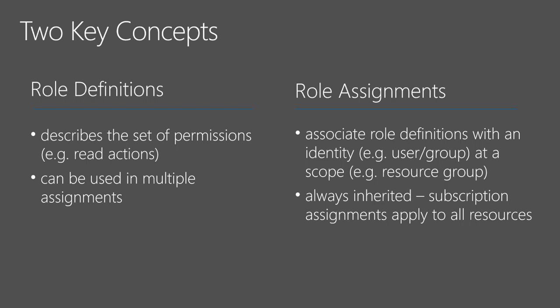These role definitions can also be used in multiple assignments. For example, a read-only permission can be applied at many scopes for the same user. We shouldn't assume that because I set read-only at a particular place, I can't set read-only again at another place. Very flexible.